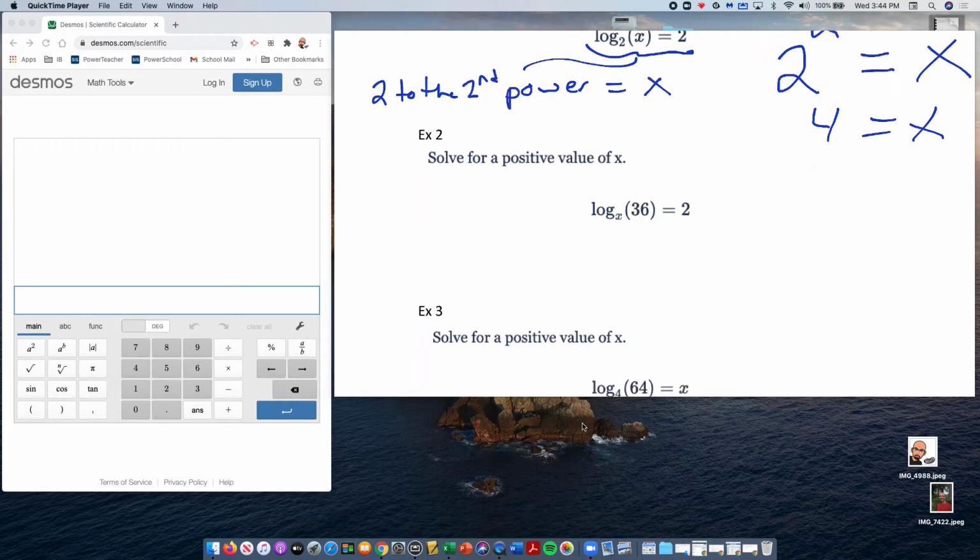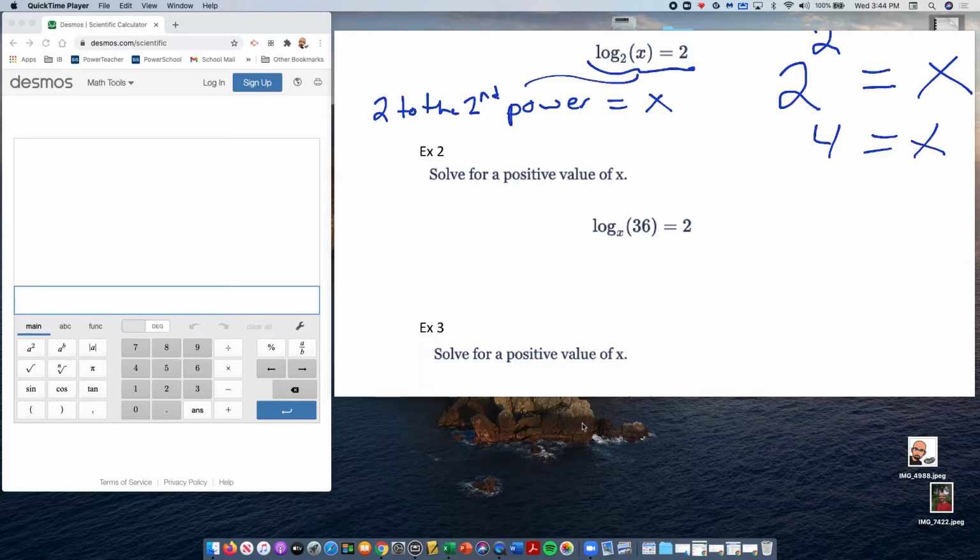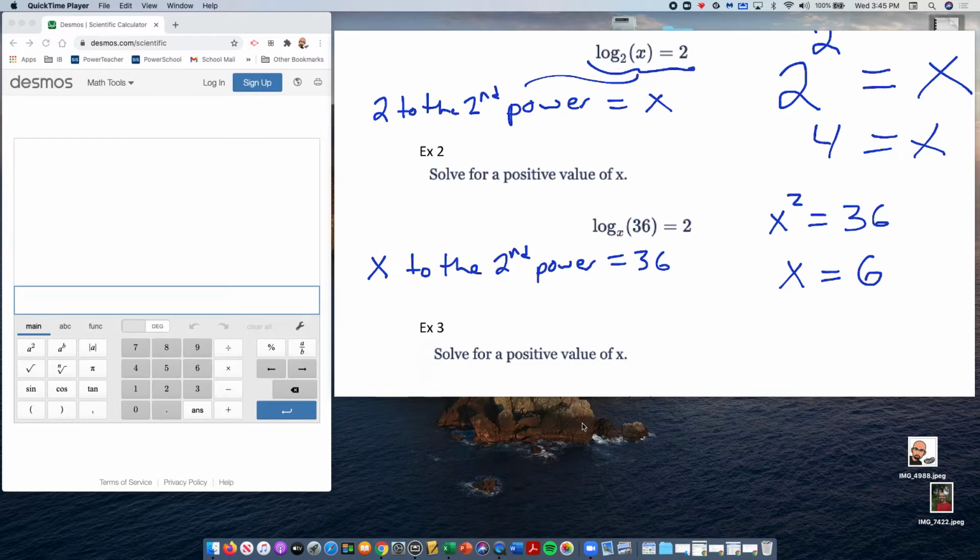So if I were writing this one, this would be x to the second power equals 36 if I were to write it out in words. So the idea is x to the second power equals 36. Well, what times itself equals 36? X must be 6 in that case, because 6 times 6 equals 36.